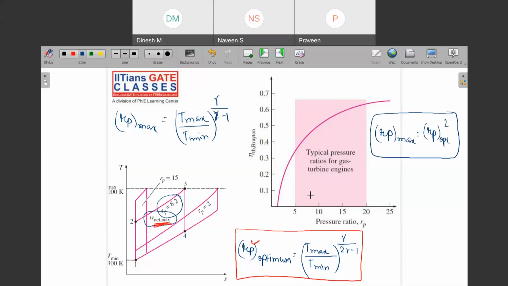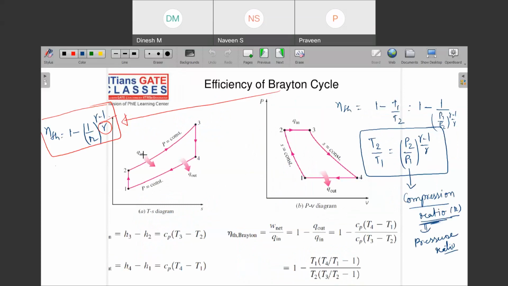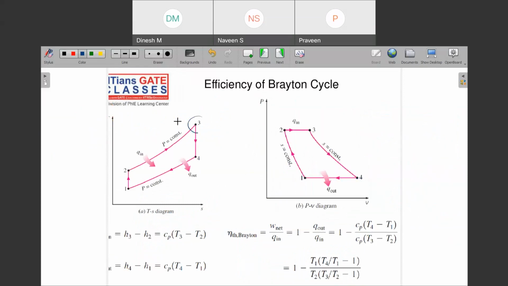And what is that temperature when you are working with the RP optimum? We know the T max value and T min value will be fixed in a cycle. Can you see that I am fixing this value as the maximum temperature? Yes or no? Yes. And this is your minimum value. Then is there any relation that T2 and T4 should satisfy?